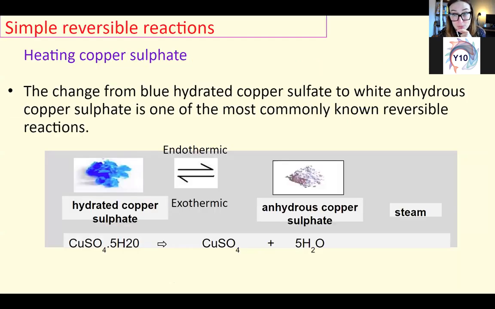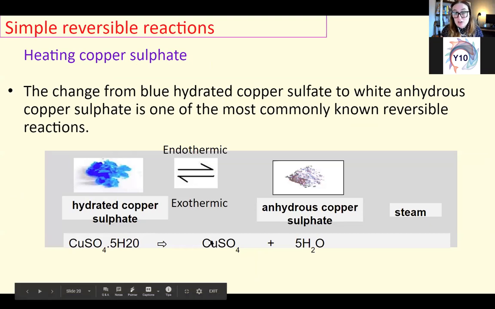Let's look at another example. This is one of my favourite reactions to do in the lab because it's really obvious, and I'll try and get it set up for you next week. Hydrated copper sulphate is this beautiful blue compound. It's this blue solid, really bright. And if I heat it, I change the hydrated complex and separate the copper sulphate from the water molecules.